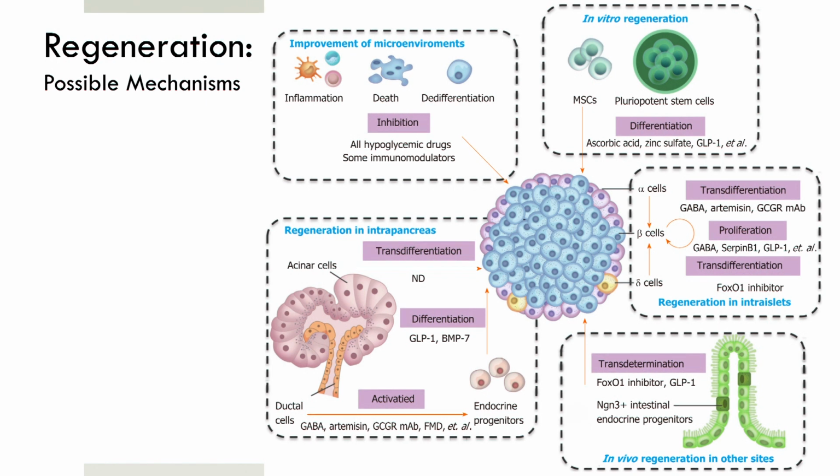And you can also try to transdifferentiate alpha cells to beta cells and delta cells to beta cells. So this is regeneration in intra-islet, regeneration in intrapancreas. You can also transdifferentiate intestinal cells to beta cells, because all these cells more or less have a common lineage of differentiation.